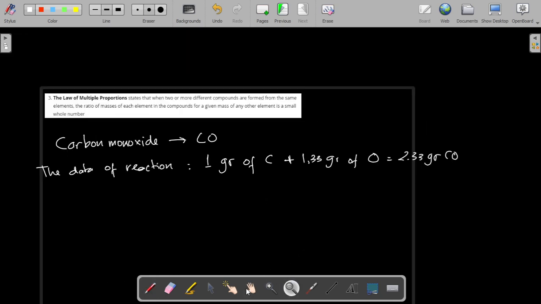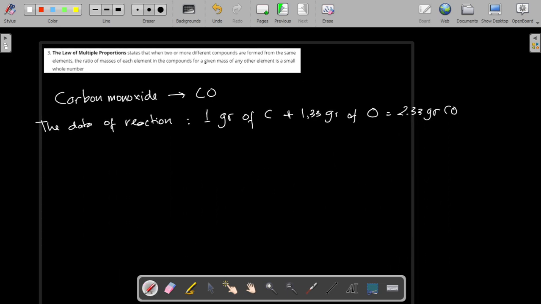So if we have 1 gram of carbon, it will completely react with 1.33 gram of O to form 2.33 gram of carbon monoxide.